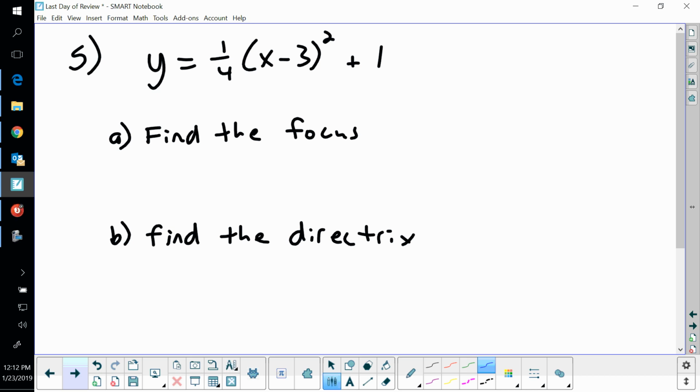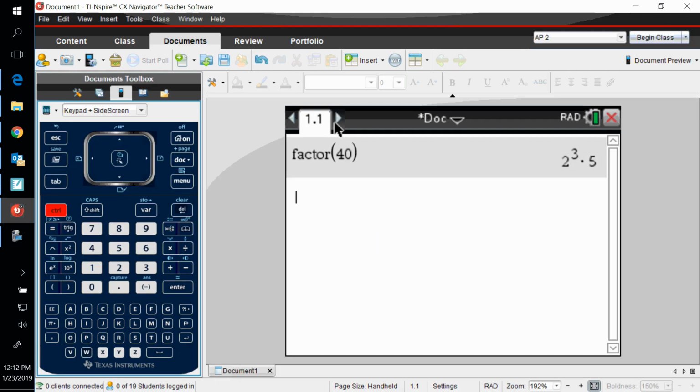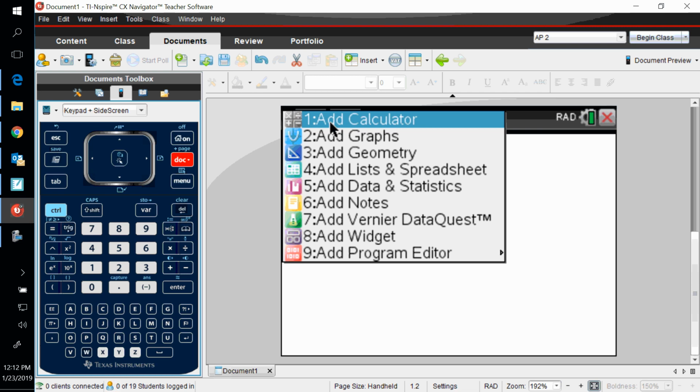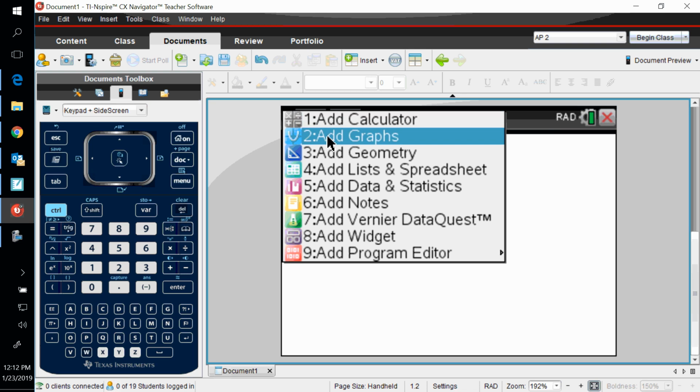Alrighty, so we want to find the focus and the directrix. Okay, this can be done right on the calculator. So we can graph our equation on a graphs page. We have 1/4 times x minus 3 squared plus 1. So we'll do Control Doc to add a graphs page.